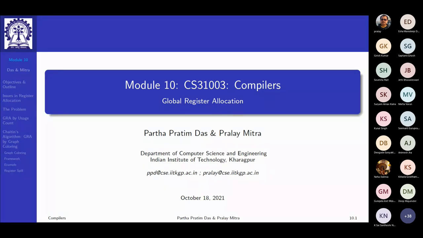So far we have assumed that our computing values are represented by variables, and variables will have certain binding in the memory, typically as in the stack frame or in the static area and so on.